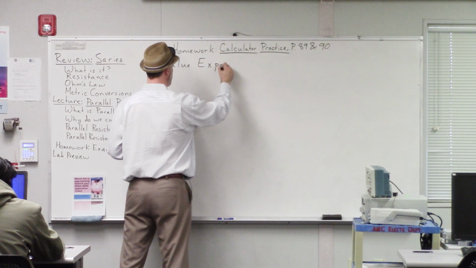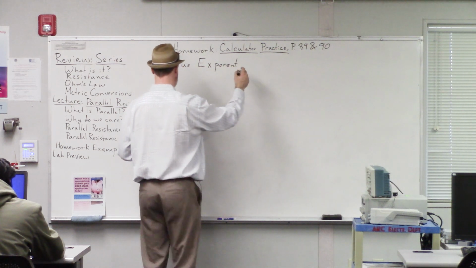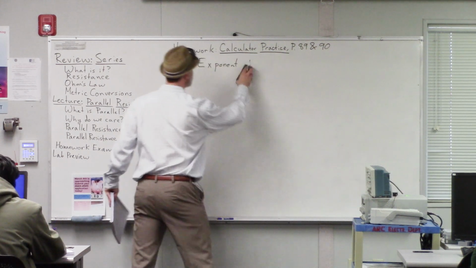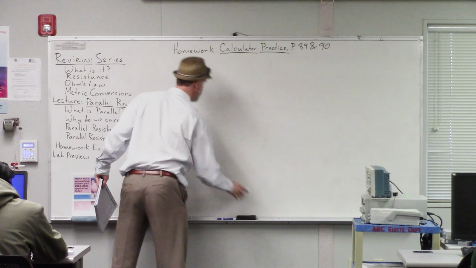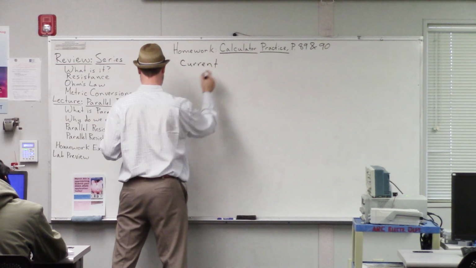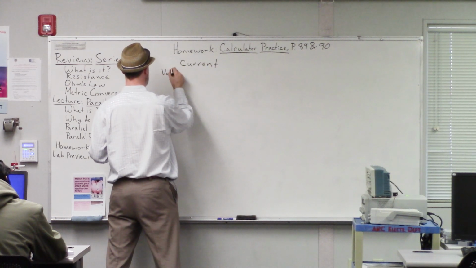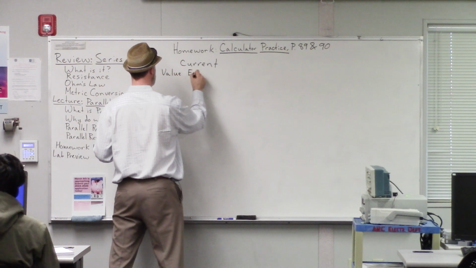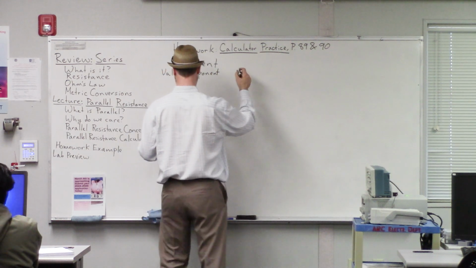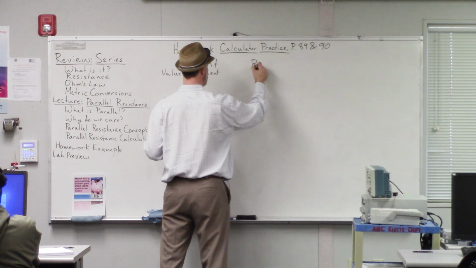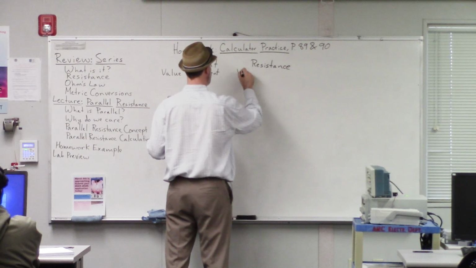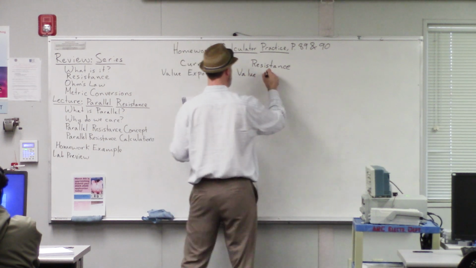So there's value, exponent, and then we've got current, and that's got a value, an exponent, and then we have voltage or resistance here, and that also has a value and an exponent.